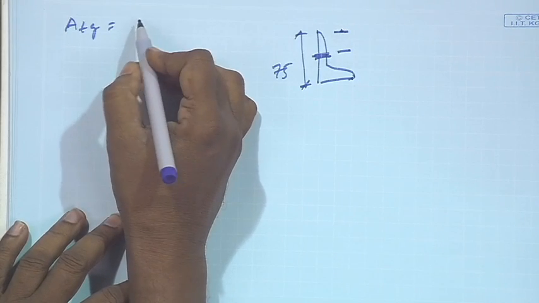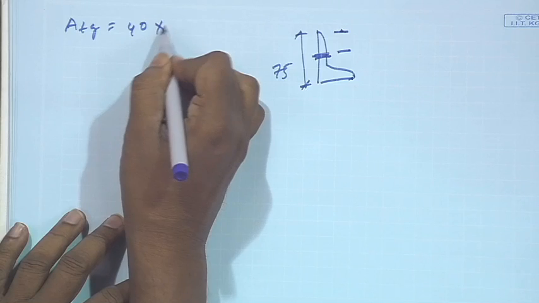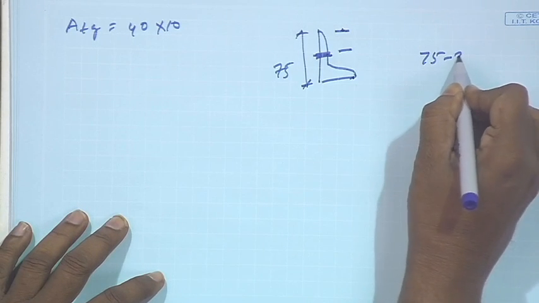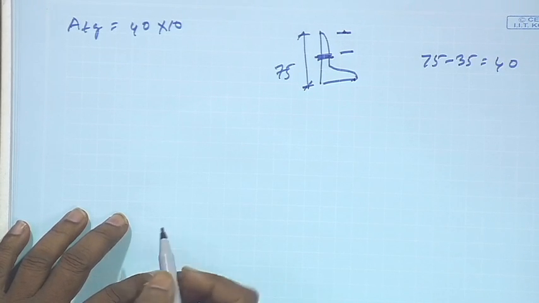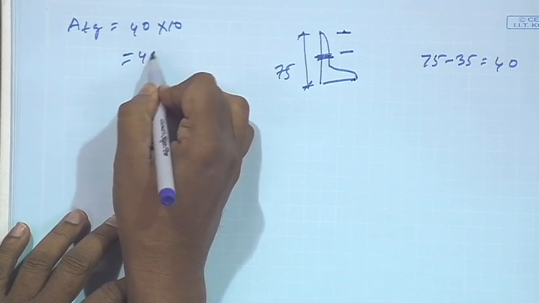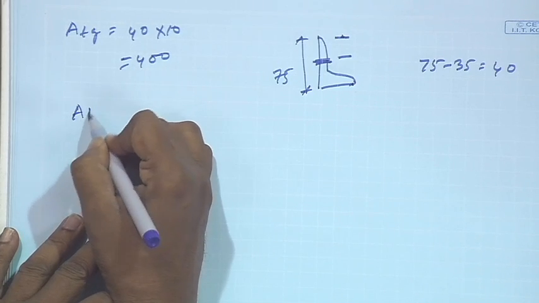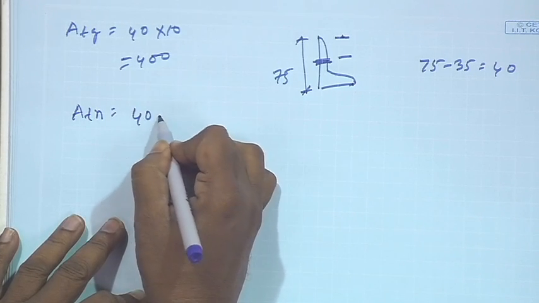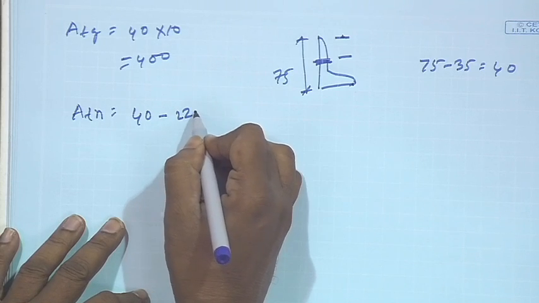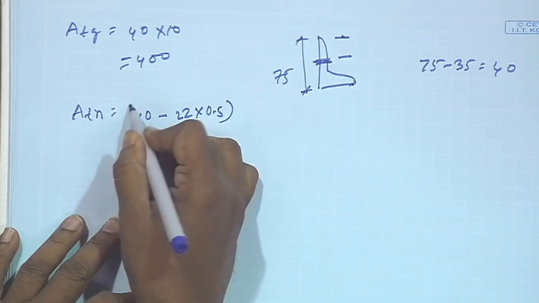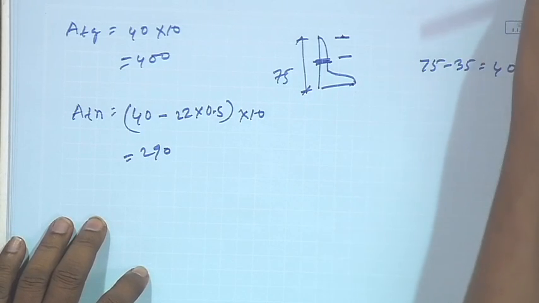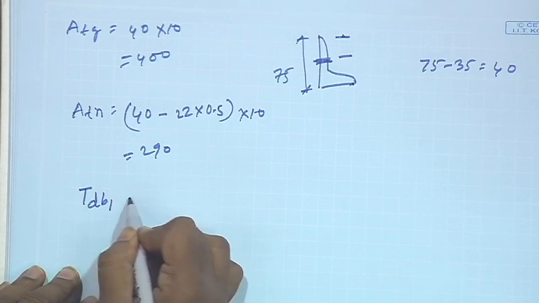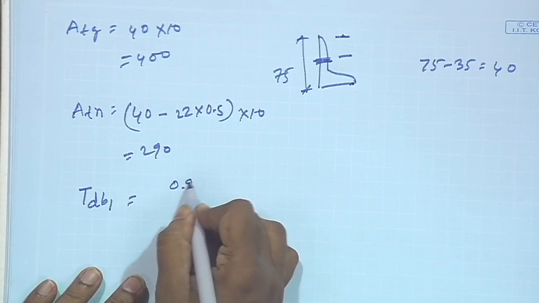So, we can find out ATG as 40 into 10, because 75 minus 35 will be the value. So, this is 400, and similarly ATN will be 40 minus 22 into 0.5 into 10, 290, right.